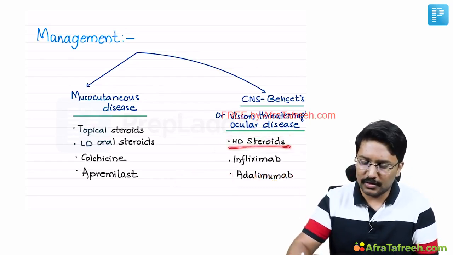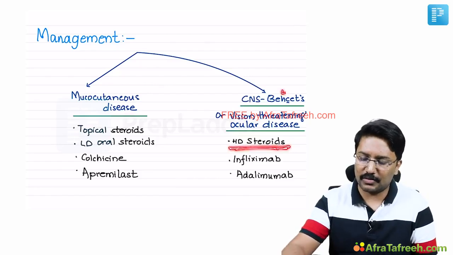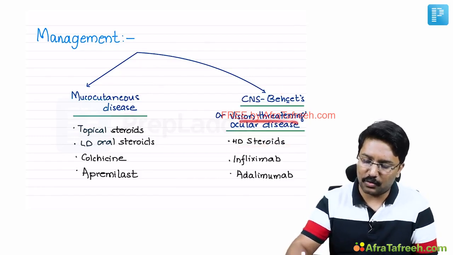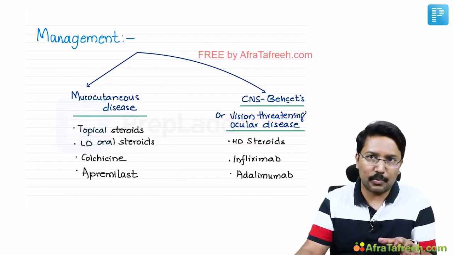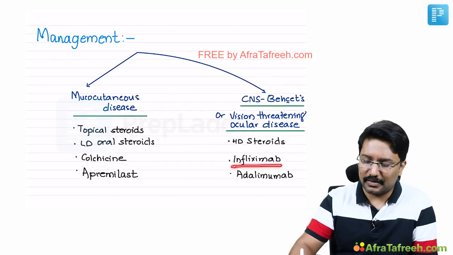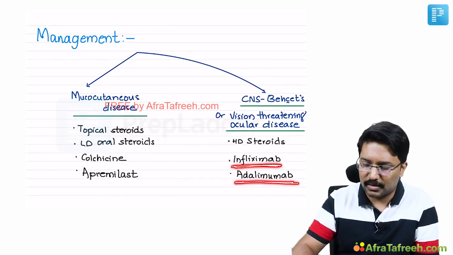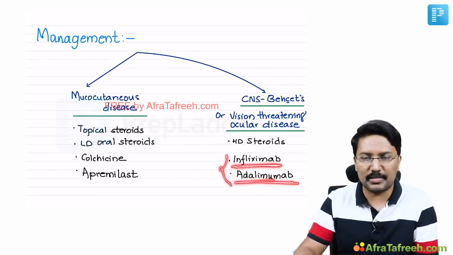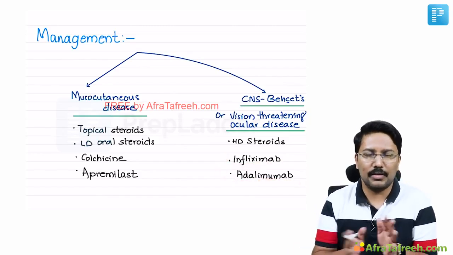High-dose steroids are for salvaging the organ. Some patients may not respond to steroids. In such situations, you can consider TNF-alpha therapy. Infliximab and adalimumab are the most commonly used anti-TNF-alpha drugs. So that is the approach.